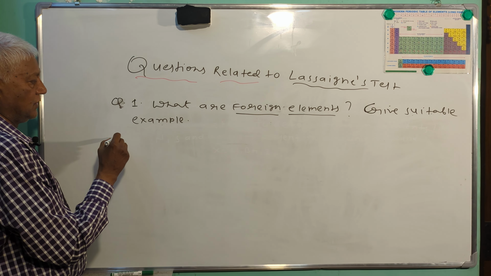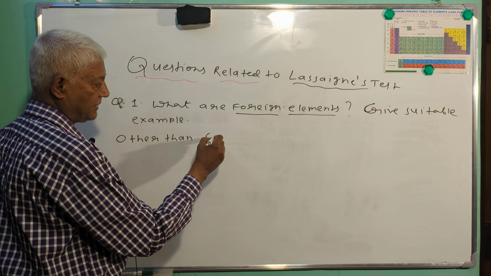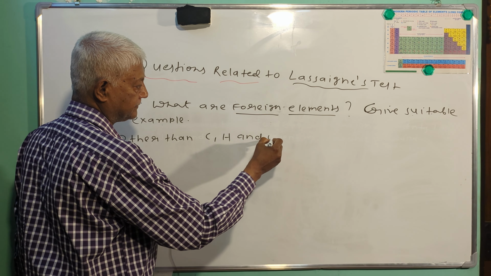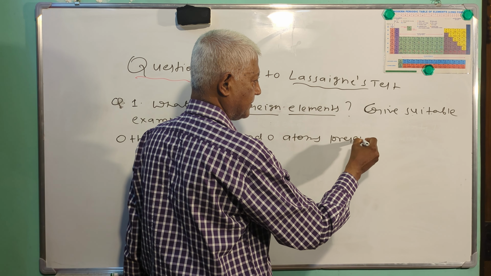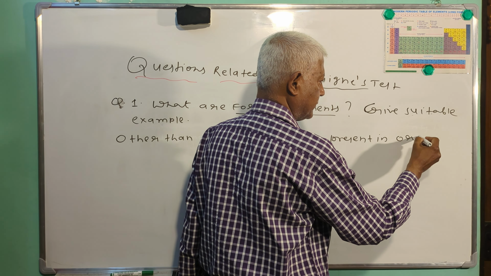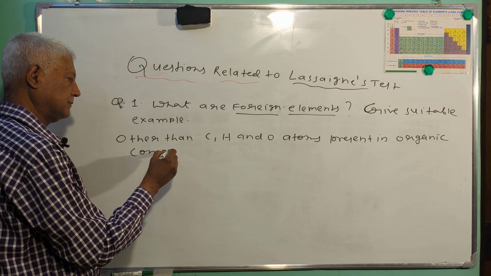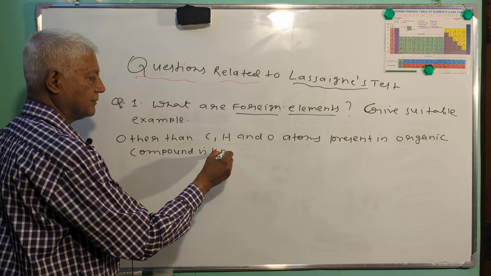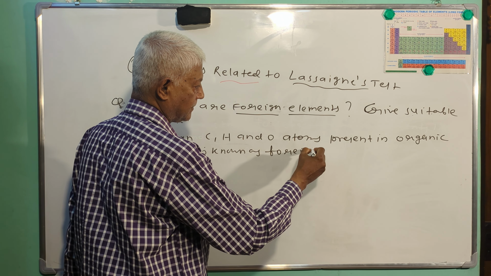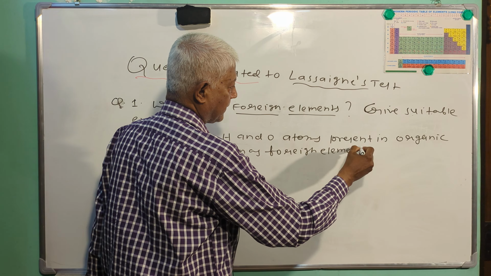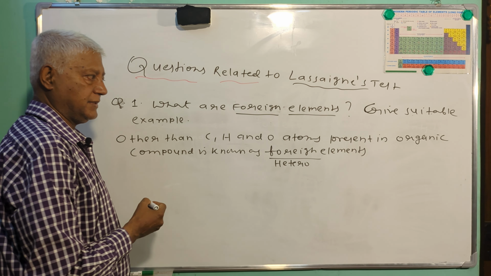The answer of this question is: other than, in short, other than carbon, hydrogen and oxygen, atoms present in an organic compound are known as foreign elements. They are also sometimes known as hetero elements.